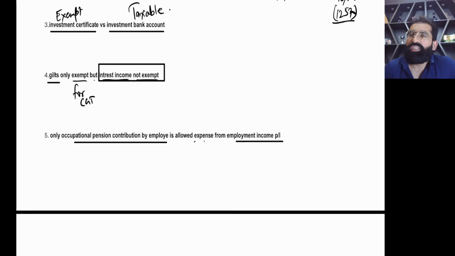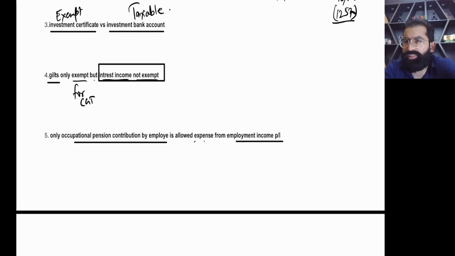When an employee contributes to his or her occupational pension scheme, it is an allowed expense from employment income P&L. But if an individual is contributing to a personal pension, then it is not an allowed expense from any P&L, right?